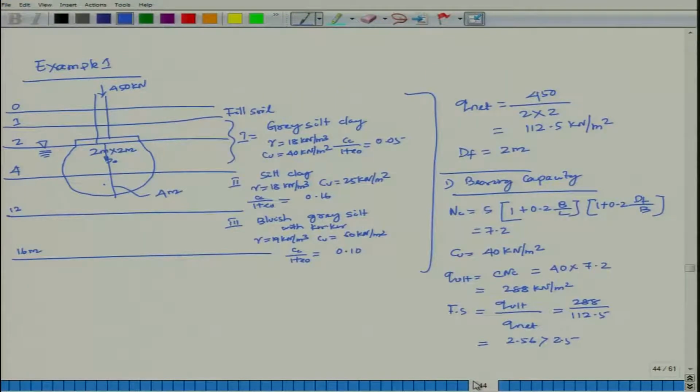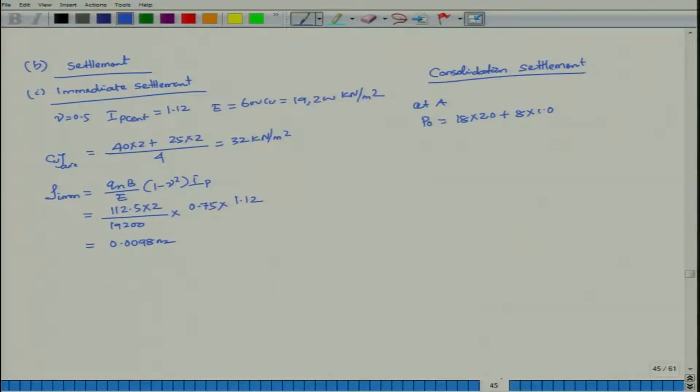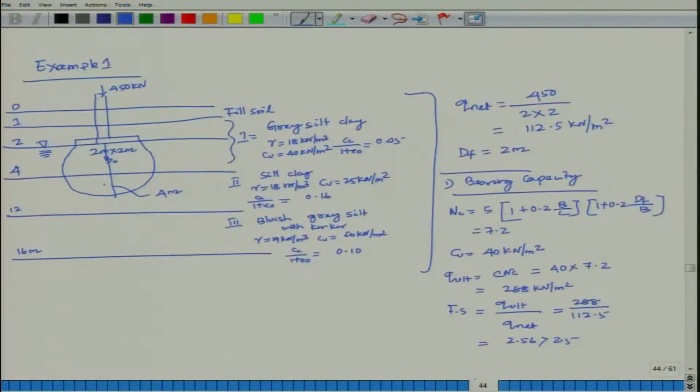If you look here, the complete soil, including this fill soil, has gamma 18. The water table is at 2 meter, so up to the water table gamma is 18, then 8 into 1.0 after 2 meter, at the middle, 1 meter.